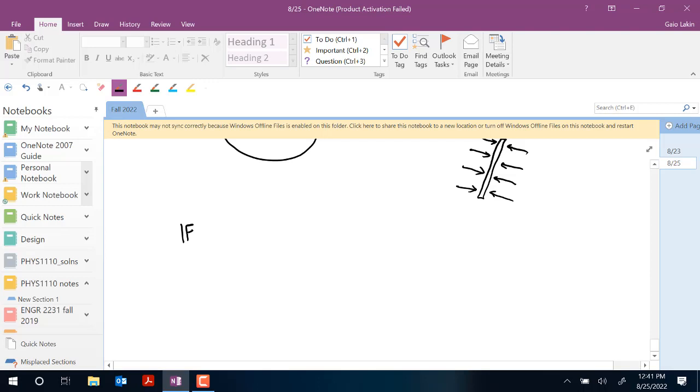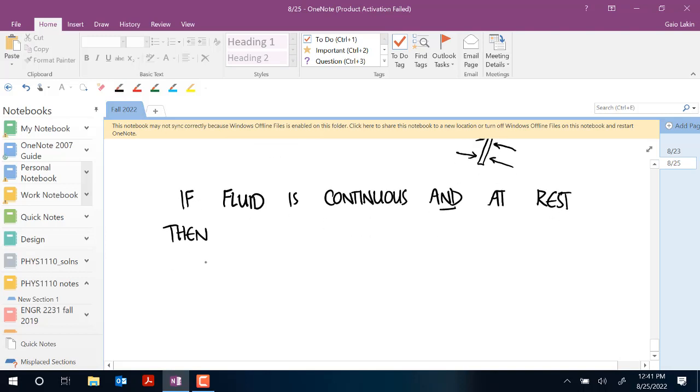If a fluid, and that's a liquid or a gas, is continuous and at rest, so those are the two requirements, then the pressure at a lower point in that fluid minus the pressure at a higher point in that fluid is equal to the density of the fluid times g, the acceleration of gravity, times h.